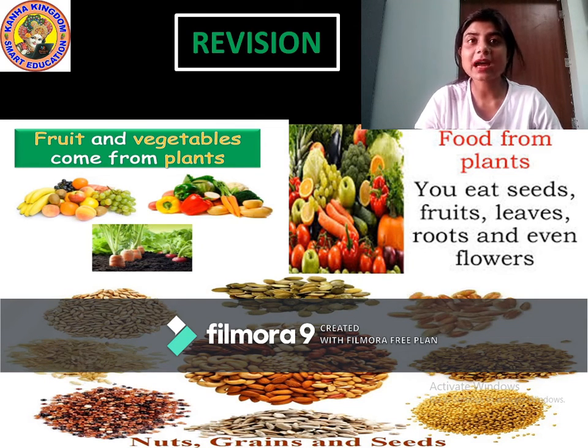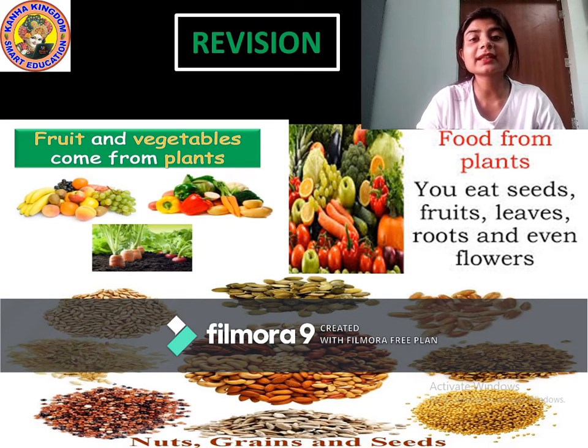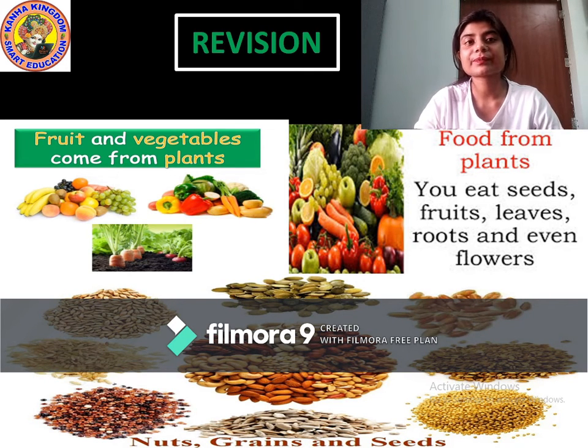Examples of pulses are beans, gram, peas, kidney beans, lentils, etc. Lentil means the dal that you eat. These are the different types of pulses that we eat as food.